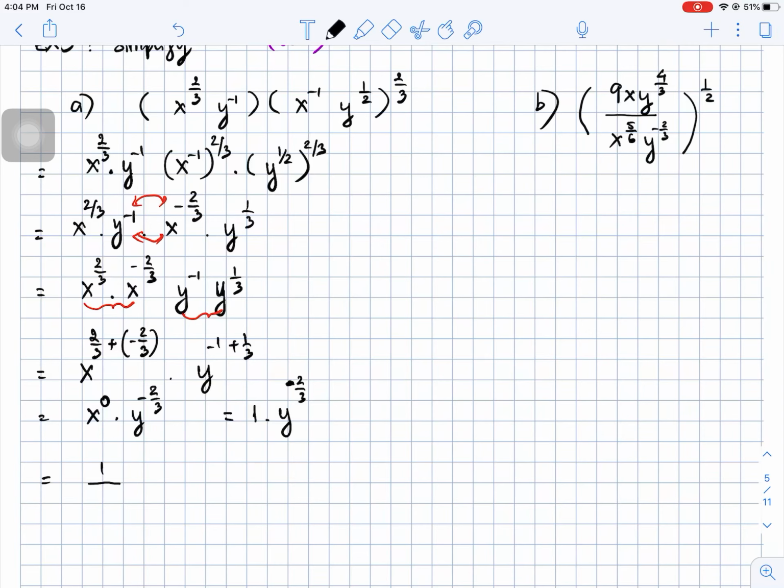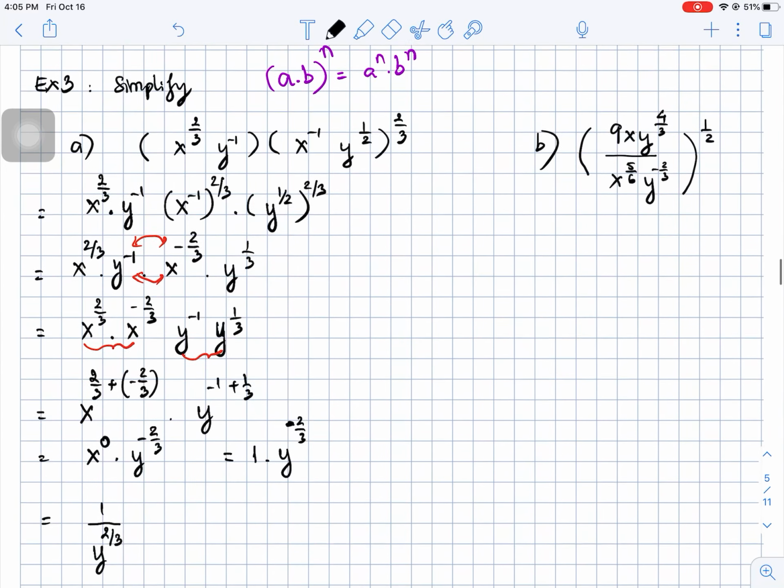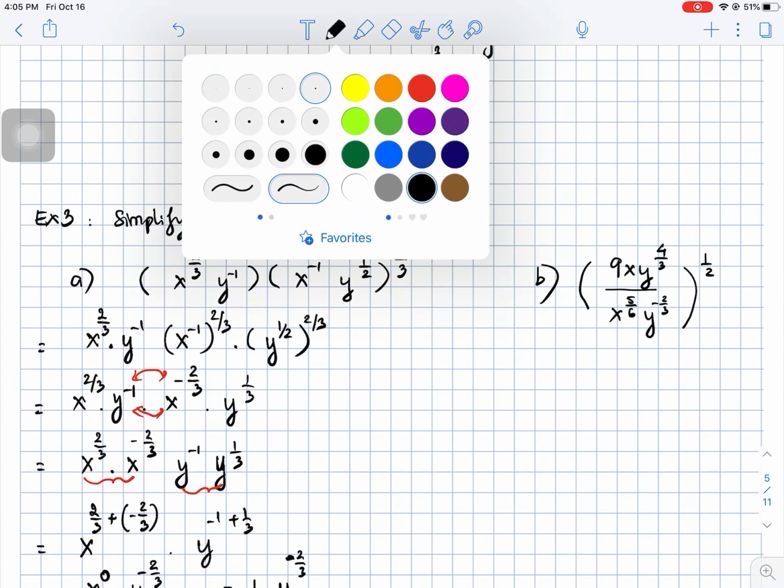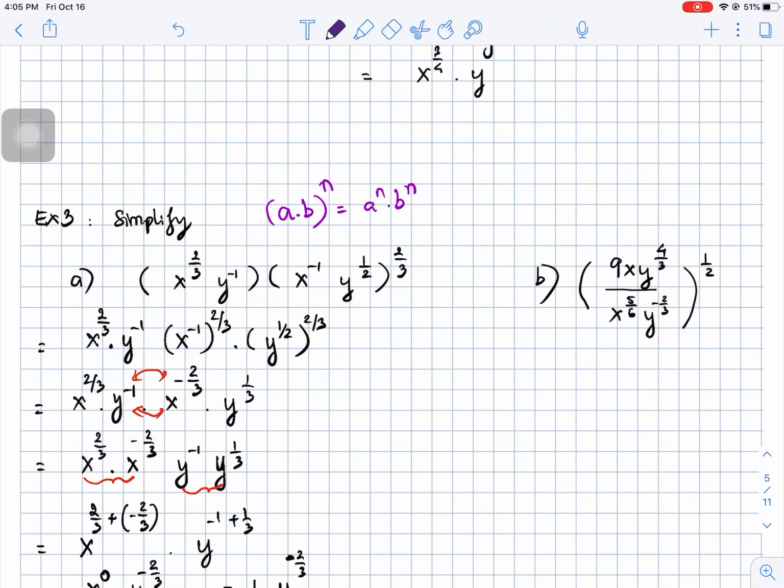So from the law of exponent, x to the power 0 is 1 times y to the negative 2/3. We want to get rid of that negative, then you reciprocal the y. The 1, you can just forget about it. And then y, you move down, you will remove the negative, so you get y to the power 2/3.